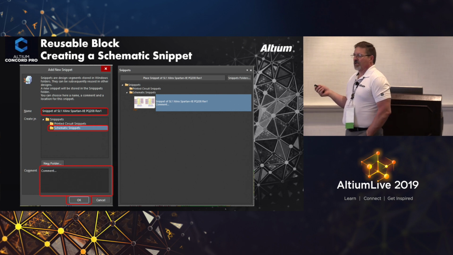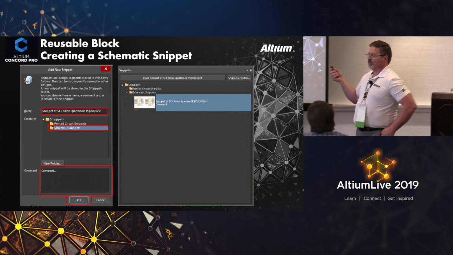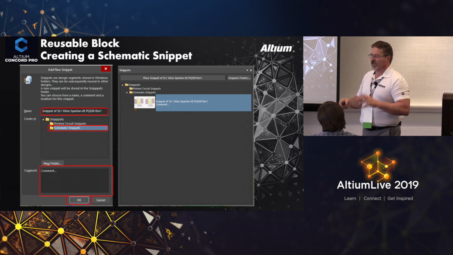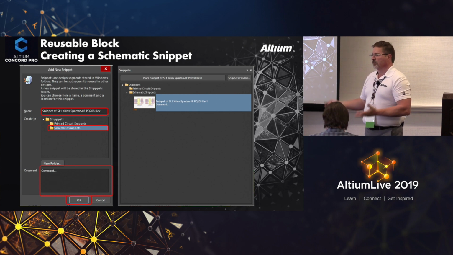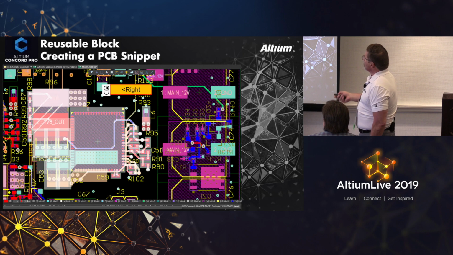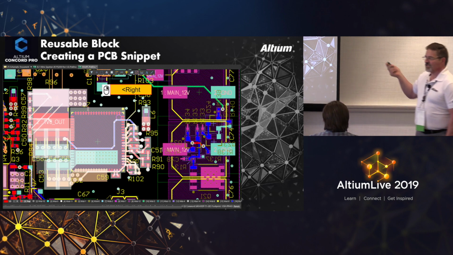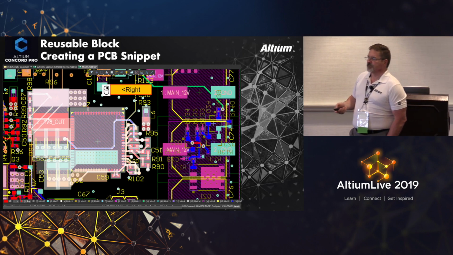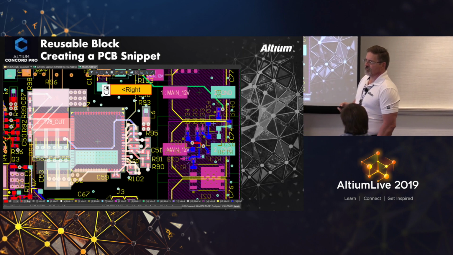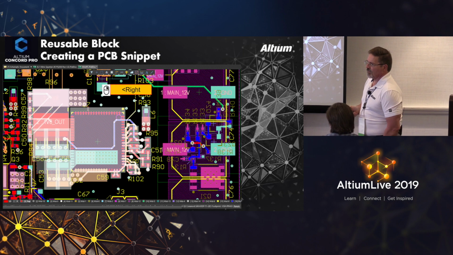I find a lot of times I'll do this when I'm working with a design. I'll take a snippet of it and then save it off because I'm going to use it later, or create a reusable block out of it, something like that. That will simply add it. Now, you can also do a PCB snippet. Yeah? Do you run into connectivity issues on PCB snippets if you were to duplicate the same circuit multiple times?